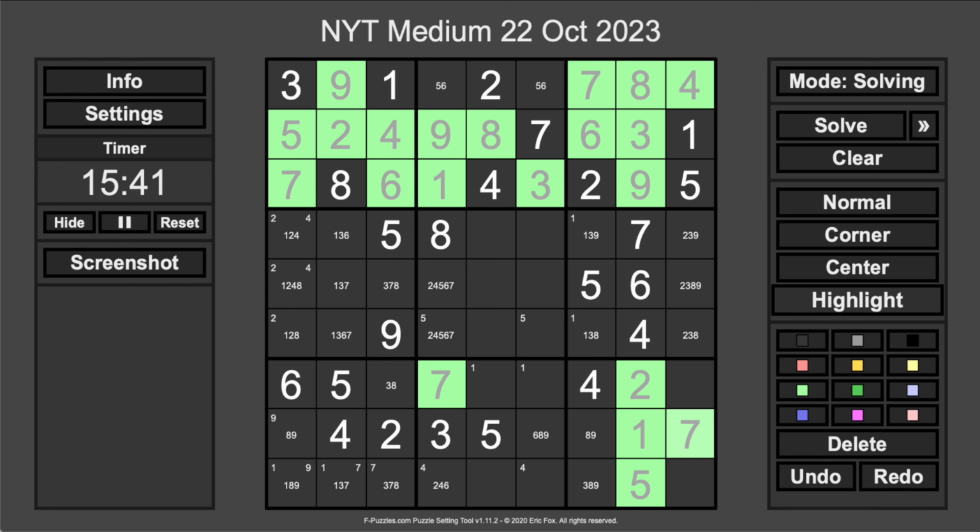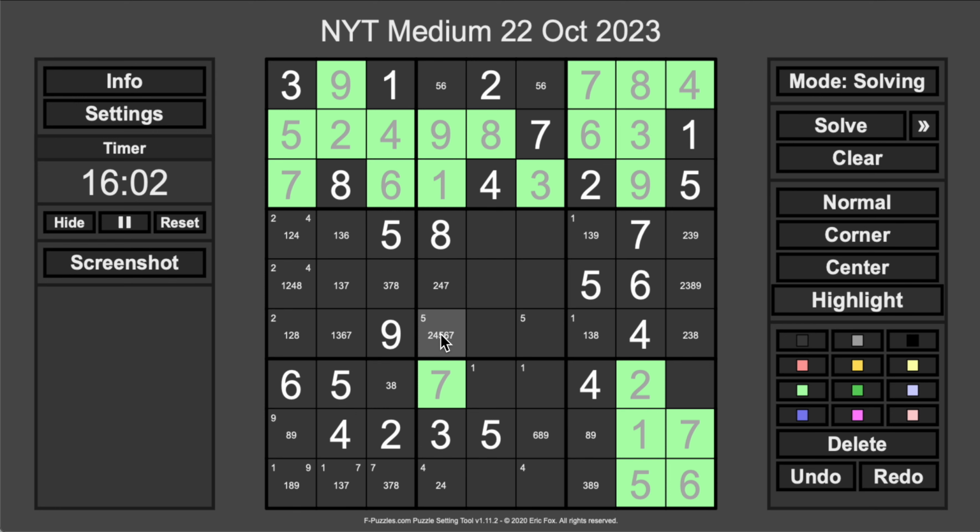Let's see. I've got 1, 2, 4, 5, 7 in box 9. I need 3, 6, 8, 9. Well, this can't be 6. And these aren't 6. So I just determined where the 6 goes. Which tells me that's not 6. This one isn't 5 or 6.